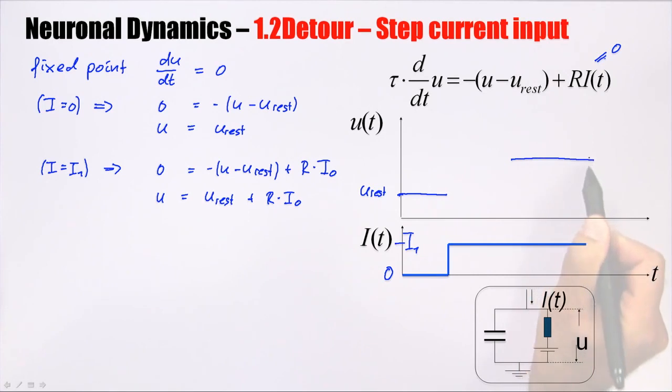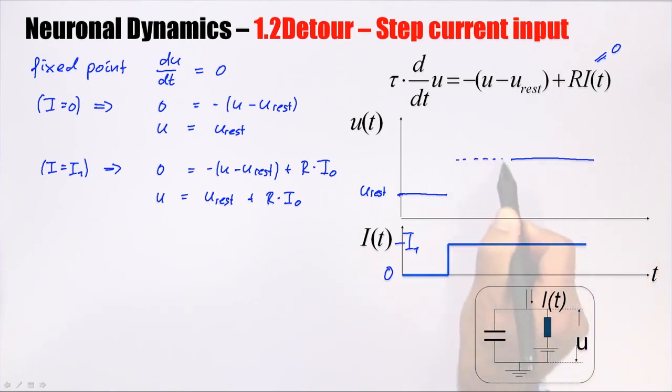Let me draw it like this here. So this is my voltage, which I call now u1 to keep things simple. u1 is the stationary state, and it will be reached after some time. But it does take some time to reach this new stationary state.